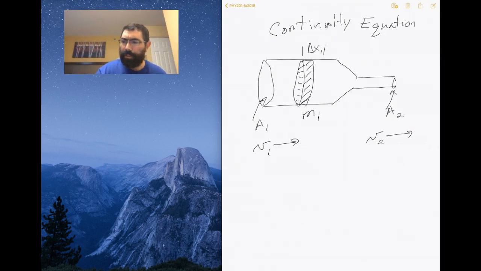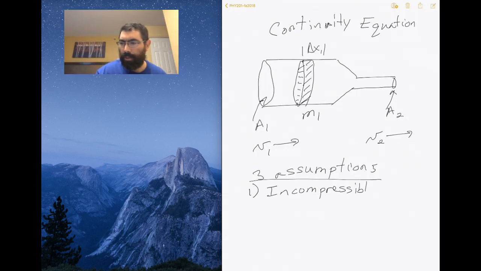And so we're going to make three assumptions about this. The first one, which we're already using, is that the fluid is incompressible. So basically, we can't take a fluid of a certain volume and crush it into a smaller volume.